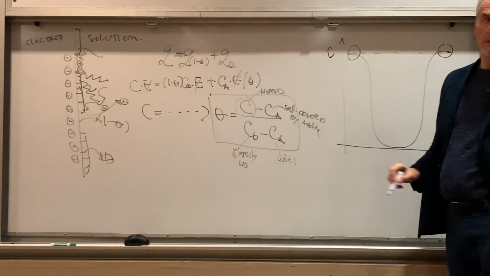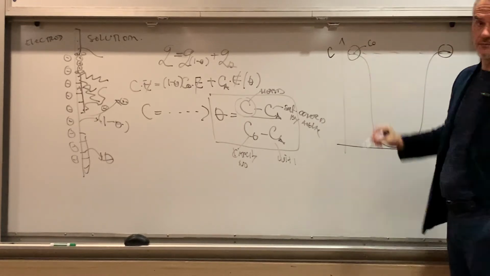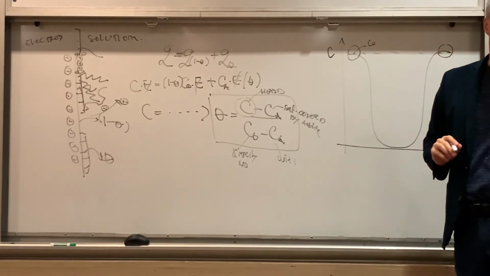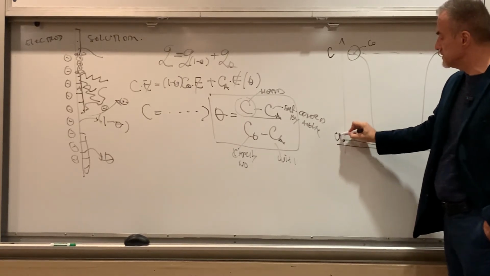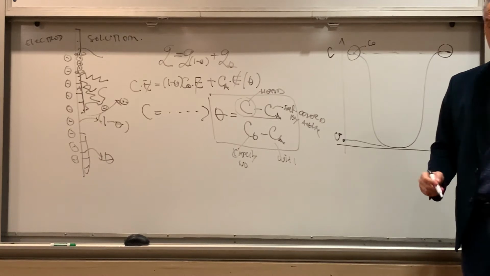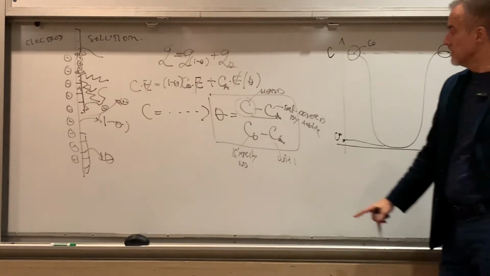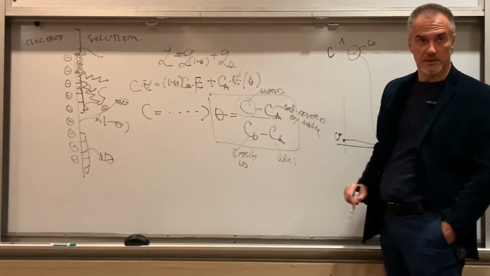This capacity here is the capacity of the free surface. This is our C naught, the maximum value of the capacity. This capacity here is the capacity of the surface completely covered with the additive. It's a minimum. So this is the maximum minus the minimum, C naught minus C additive, right?